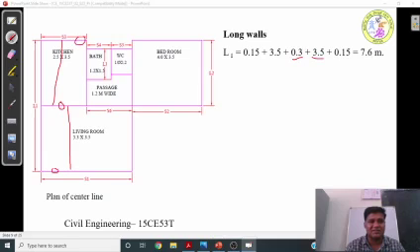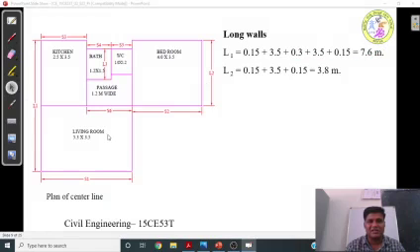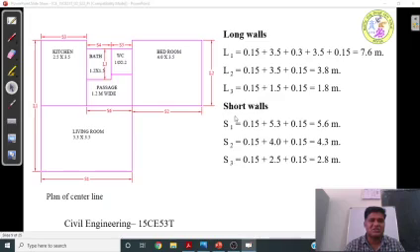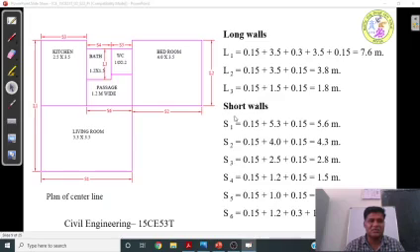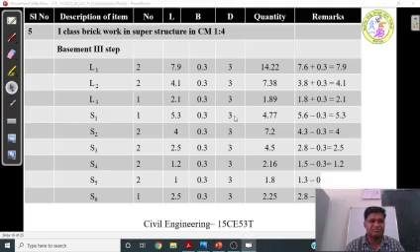Again half the breadth is 0.15. Total it will come to 7.6. In this manner you calculate all the center line lengths of the long walls L1, L2, L3 and short walls S1, S2, S3, S4, S5 and S6.